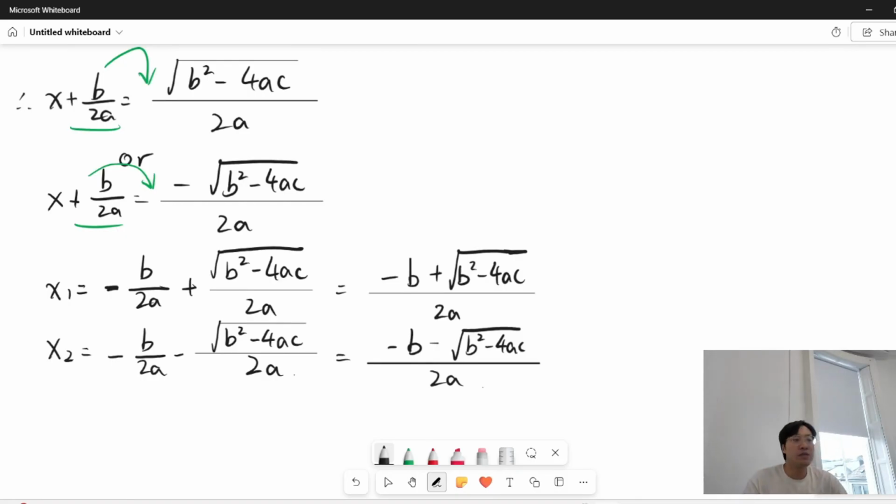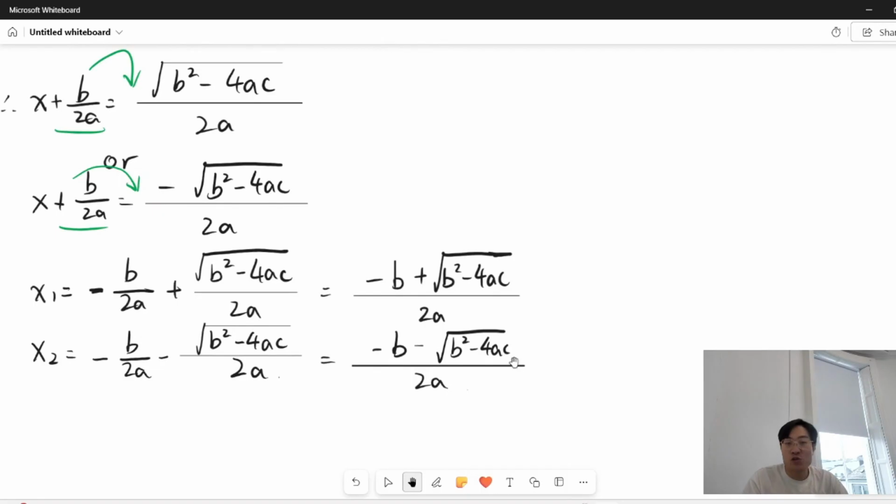And these are the minus b formula that you've seen from your junior cert. And this formula is also on the cover page of your log table.